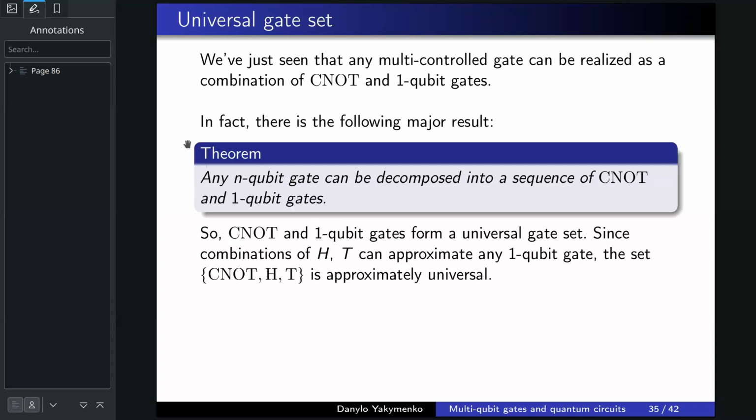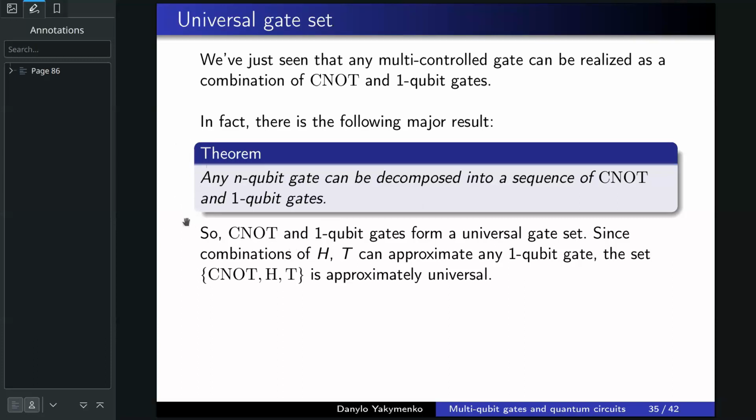I will not describe how it is done. You can, for example, find it in the Nielsen and Chuang book on quantum computing. And so CNOT and 1 qubit gates form a so-called universal gate set. So this is why it is so important.